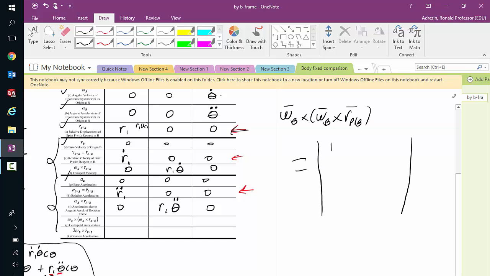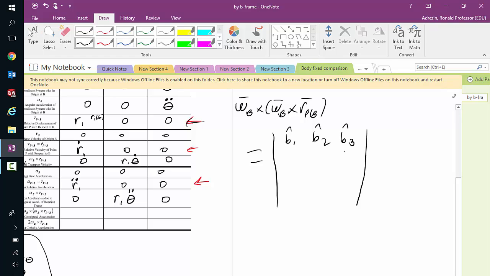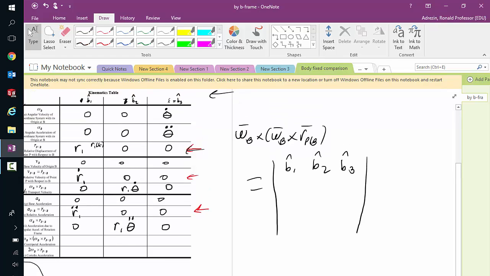Hopefully it's getting mindless. b1, b2, b3, which is the same as k. Get rid of that straight line there. Omega line, you've seen that before, 0, 0, theta dot. What's omega cross r? We found that. That was here. We've already done that. See, they're in order. 0, r1, theta dot. And then we have 0.